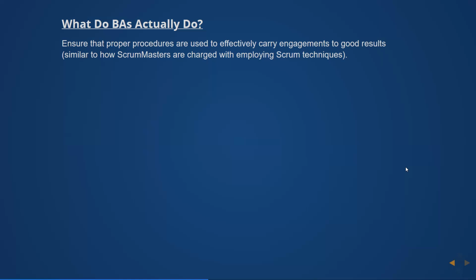So that's the problem solving part. And then the techniques, the BABOK includes 50 of them that are specific things you can do to help you develop solutions and help you efficiently carry out engagements. Some techniques are good for doing both those things.